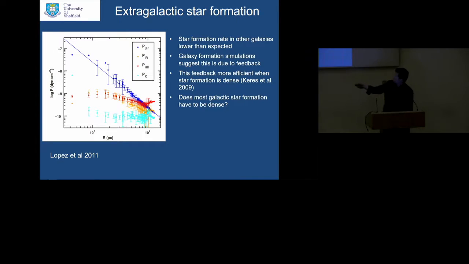This is a plot showing the effect of feedback as a function of distance from the center of the R136 cluster that I just showed in the previous slide. One of the posits of this theory is that for you to have the required star formation rates we see in other galaxies, then most star formation has to be in very dense star forming environments.